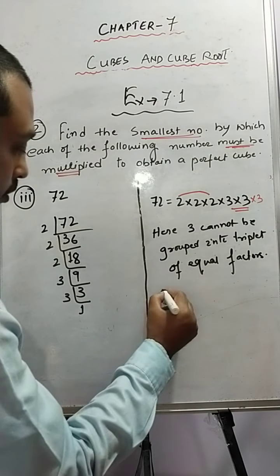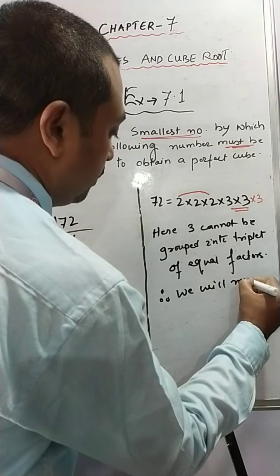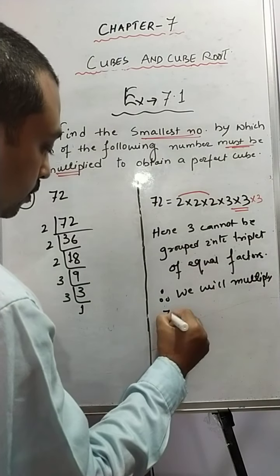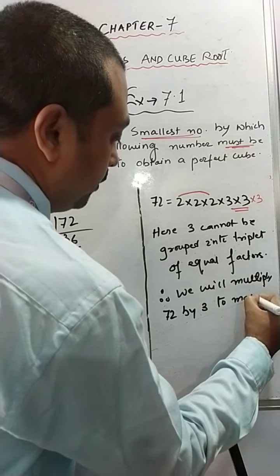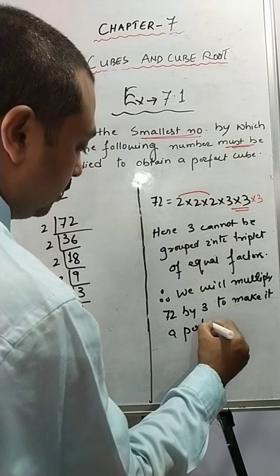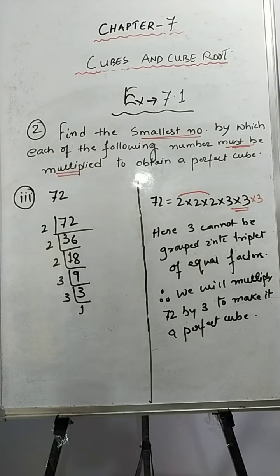Okay, so therefore we will multiply what? 72 by 3 to make it a perfect cube. Okay, so we will multiply 72 by 3 to make it a perfect cube.